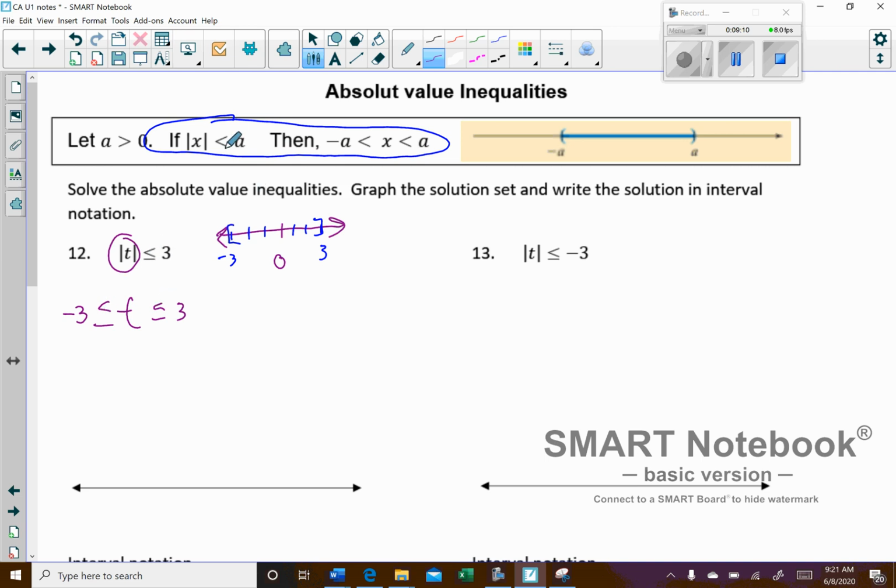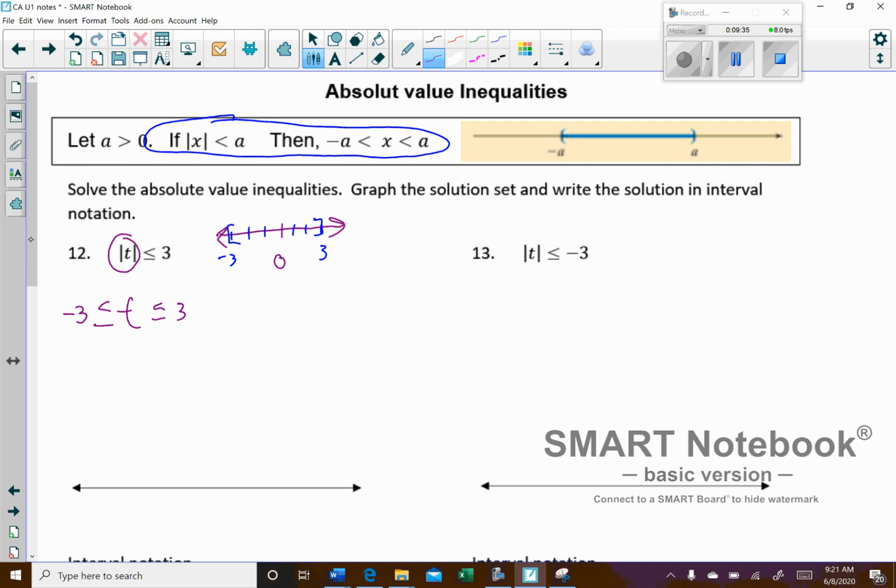If it was a less than, you pop a less than over here. If it's less than or equal to, you put the less than or equal to over here. If you're dealing with a greater than symbol, that's a different rule, so we'll look at that one in a minute. For right now, if you have the less than, you're going to squeeze it. If it's greater than, we're going to do something different, so just hold off on that one.